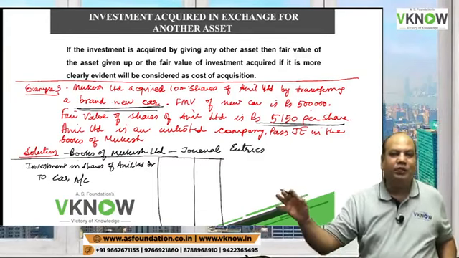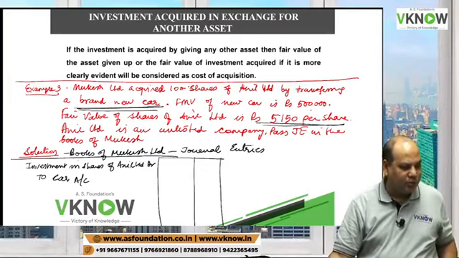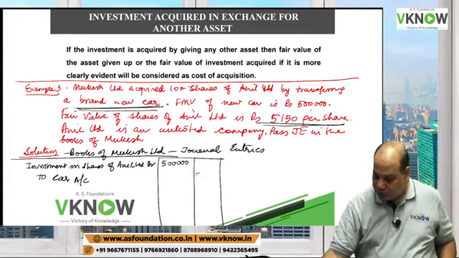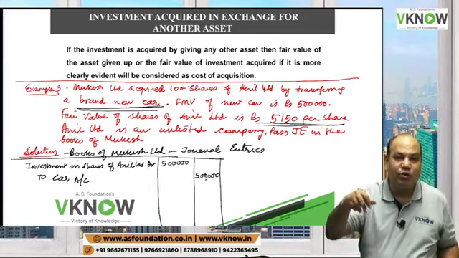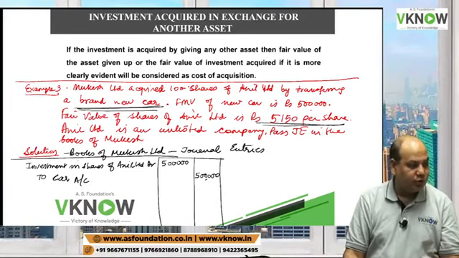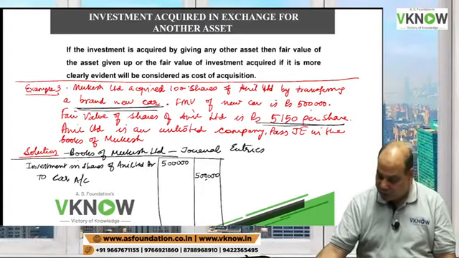This fair market value is taken from some valuer, some valuation expert. So in this example, can we conclude that the fair market value of the car is more clearly evident? Yes, most of you said car. 5 lakh is right.